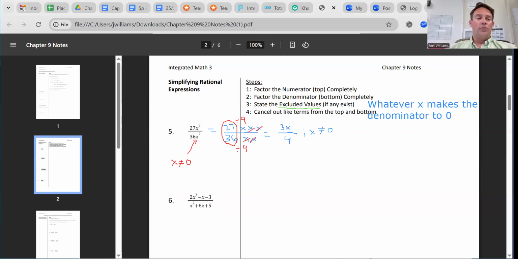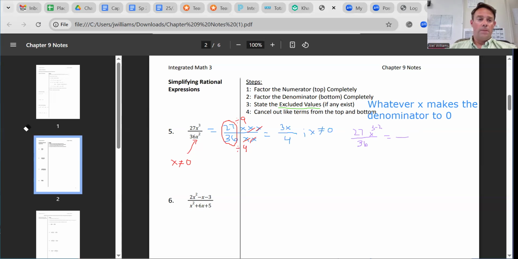So like I said, that was the long way to do it. The shorter way to do it would have just been 27 over 36 and just use your rules of exponents. So I have 3 on the top, I had 2 on the bottom. We just subtract our exponents. So that would have been the other way to do it. So 9x. Oh, not 9. Apparently I can't divide anymore.